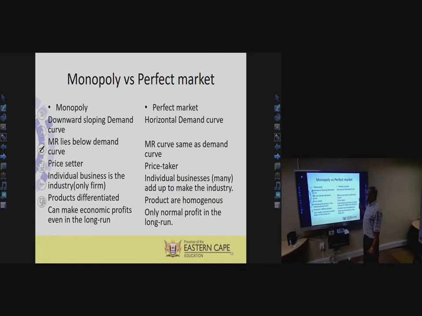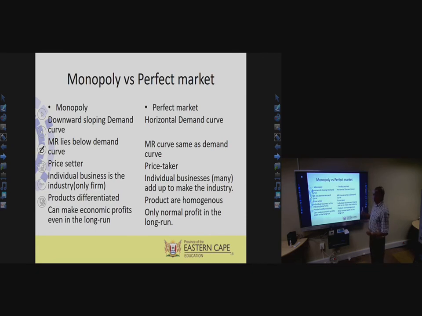Now when we look at monopolies and the perfect market, we'll discover these particular points. Before I get into that, unlike the perfect market situation, remember we said that in the perfect market, in the long run, we are bound to make only normal profits.